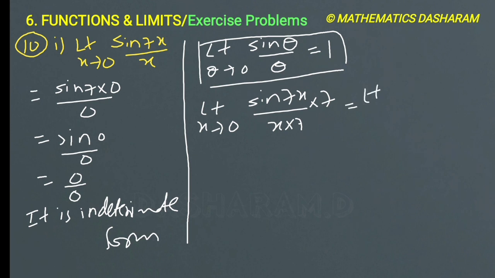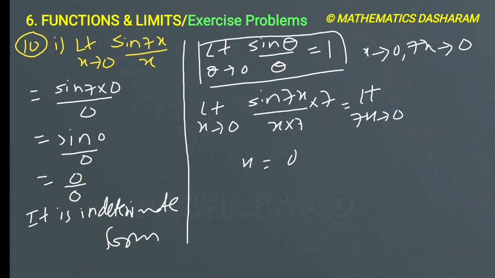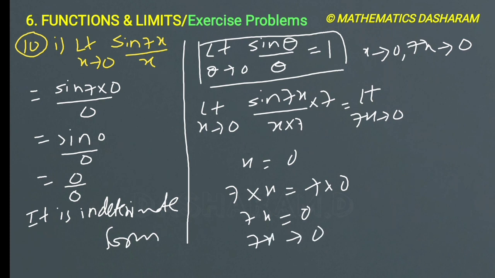So limit x tends to 0, and one more thing here: x tends to 0 means x equals 0. Am I right? Then 7x tends to 0 will also become 0. So in the next step, limit 7x tends to 0, because x equals 0, multiplying by 7 on both sides, 7x equals 0.